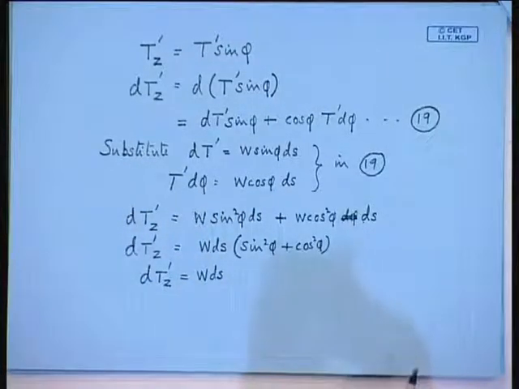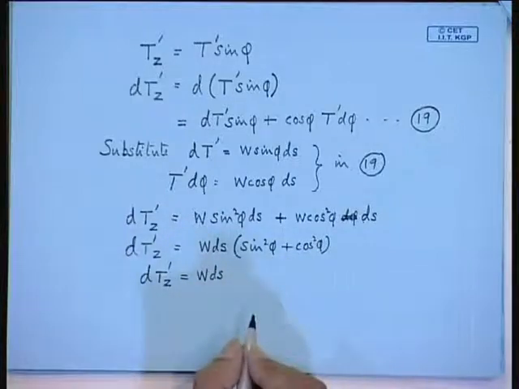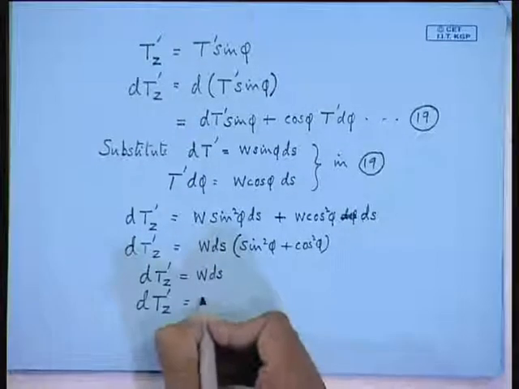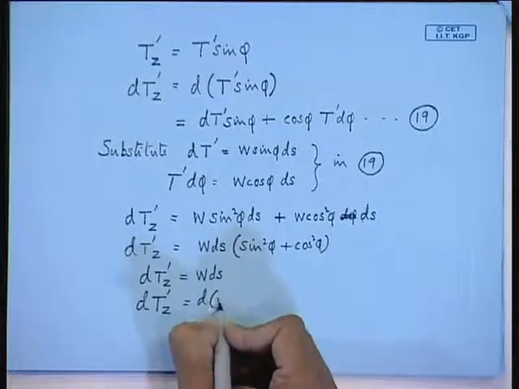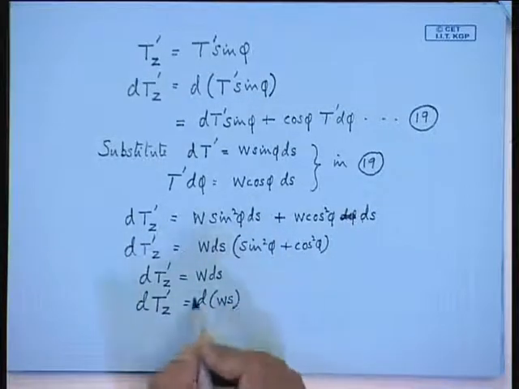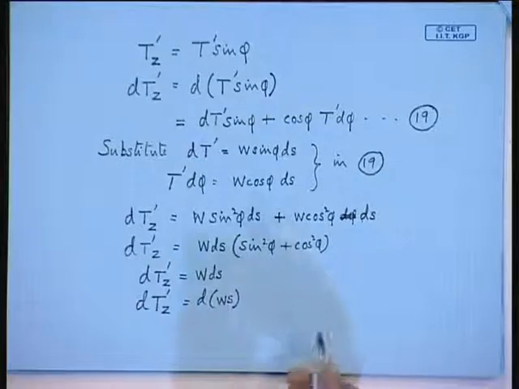Now, you find out T prime z from this equation. So, how? Now, if you want to find this out, you write this dt prime as d of, can you write like this? Now, although W is a constant, you can take it inside.